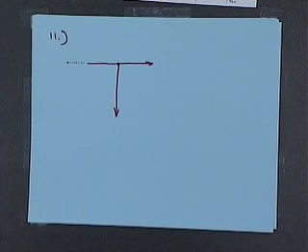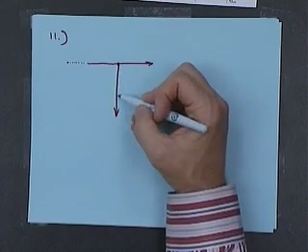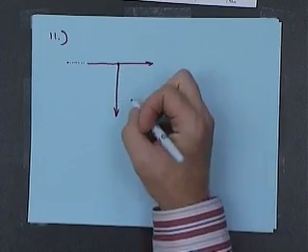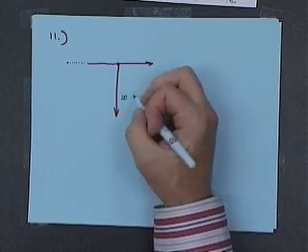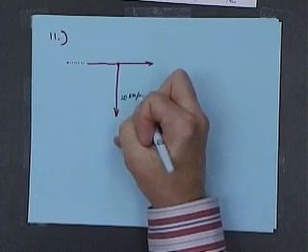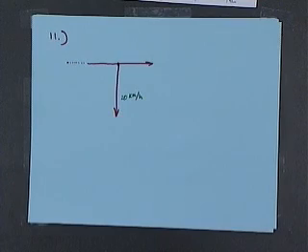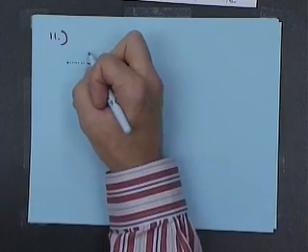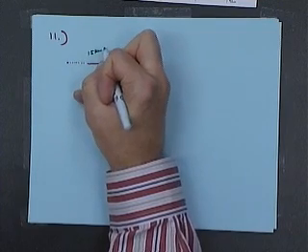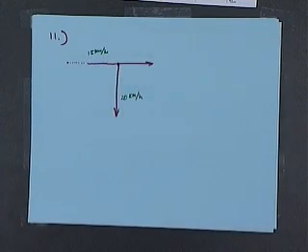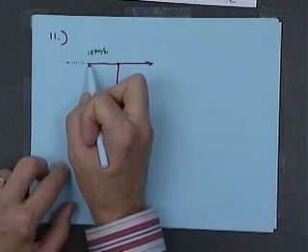All right, let's see if we can. So this one leaves the dock at 2 p.m. and travels south at 20 kilometers per hour. The other boat has been heading due east at 15 kilometers per hour and reaches that dock at 3 p.m. So this boat's moving along its way.